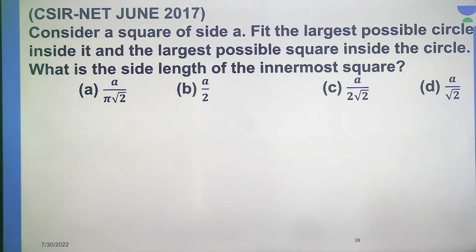D option. Let's see whether it is right. All of you try it. If you are not getting it, mention that you are not getting it. Then I will start explaining.